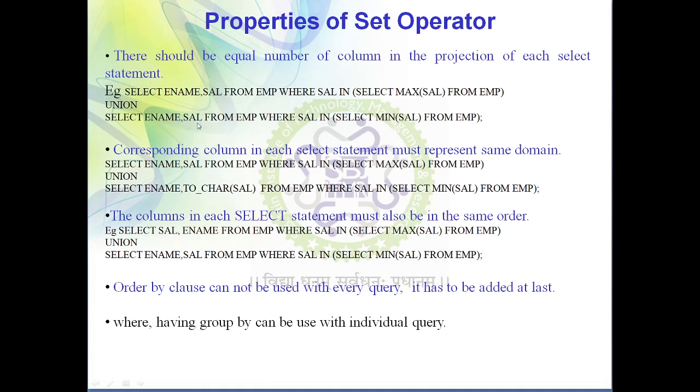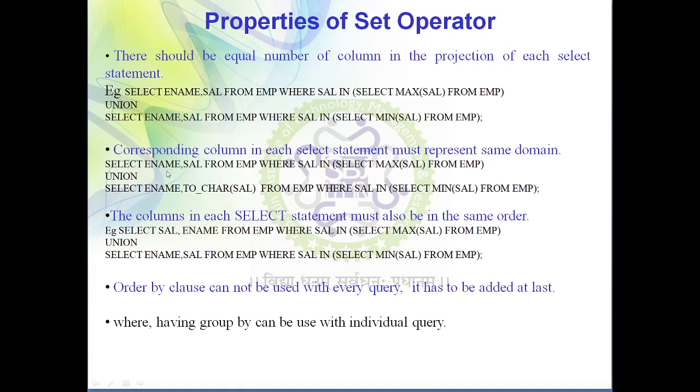So this is not allowed. That is the first property you need to remember before using a set operator: you should have an equal number of columns in each query. The second property is that the corresponding columns in each select statement must represent the same domain. Same domain means their data types should be the same.